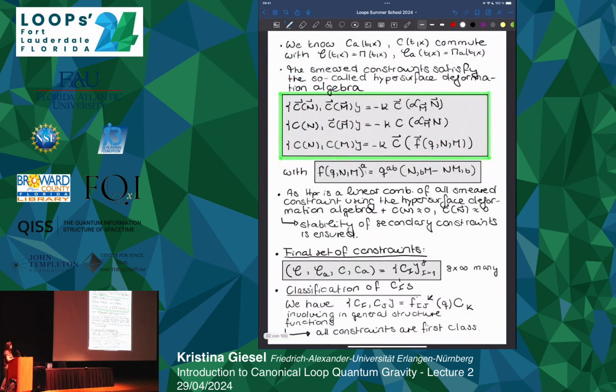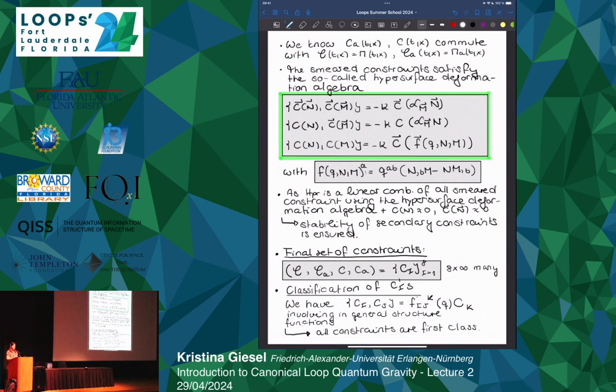But this algebra tells us that any combination that will show up in the stability analysis can be written in terms of these constraints again on the right-hand side. And therefore, we know that they all weakly vanish, and there are no further constraints, and there are no Lagrange multipliers to fix. So this is, in a sense, case 1 for the stability of these secondary constraints.